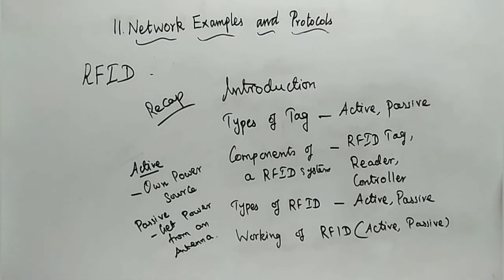So clear with the topic? What else have we discussed today? Yes, we have discussed RFID. RFID is nothing but radio frequency identification, and it uses wireless technology to identify your valuable objects. So clear with the topics?